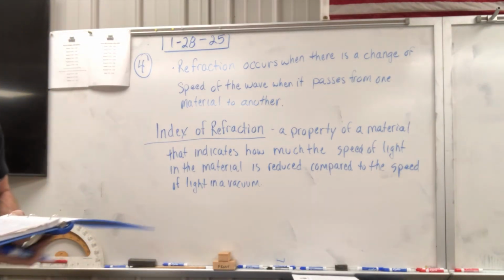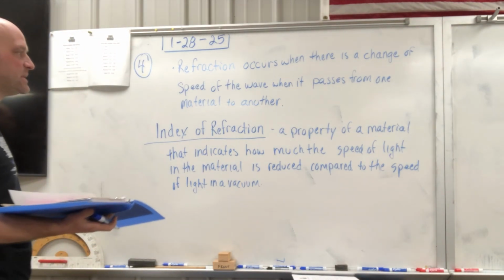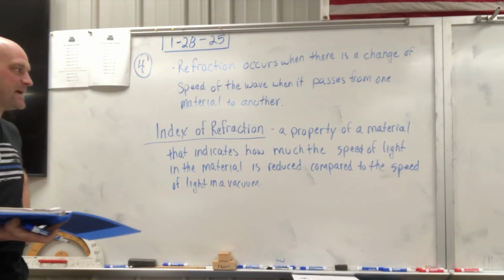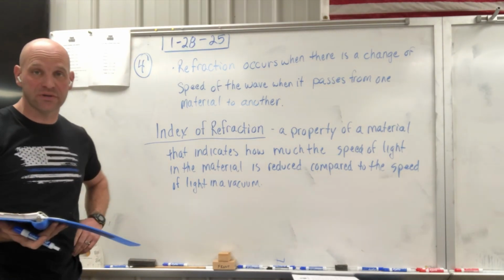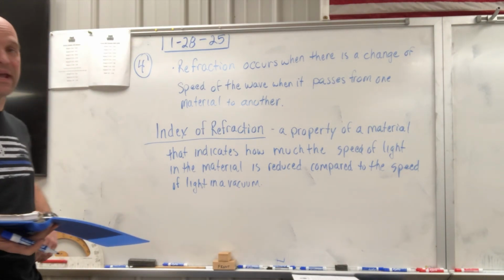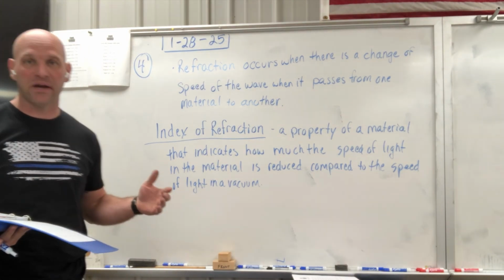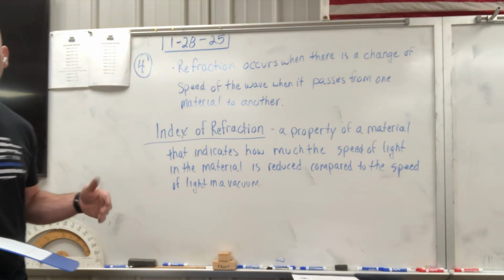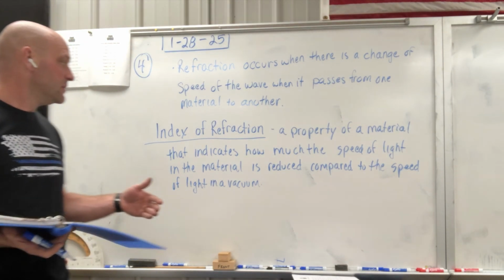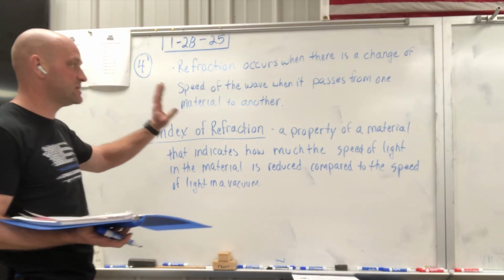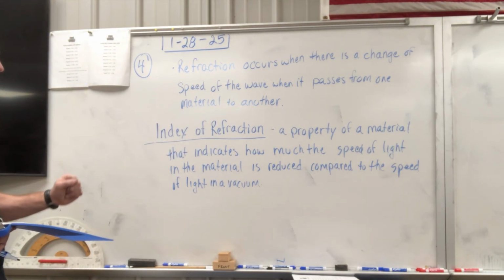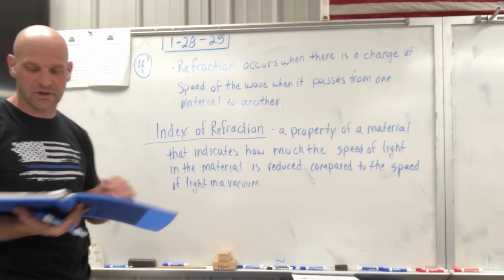The index of refraction is a property of the material, and this indicates how much the speed of light in that material is reduced compared to the speed of light in a vacuum, which, as we've talked about, is 300,000 kilometers a second. So this is the index of refraction. It says how much the speed of light in the material is reduced.